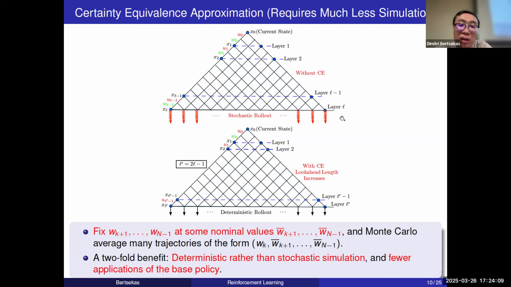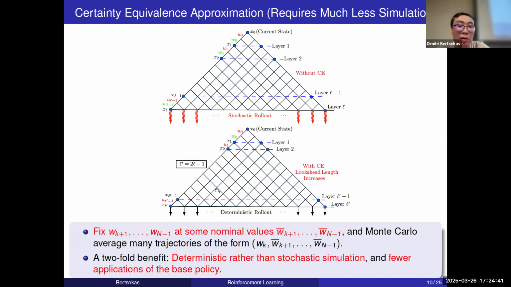And if our restriction is on the computation time, to get to the same level of breadth, we can go as far as 2L step lookahead rather than L step lookahead. After 2L minus 1 step lookahead, we'll get the same number of leaves compared with this one.